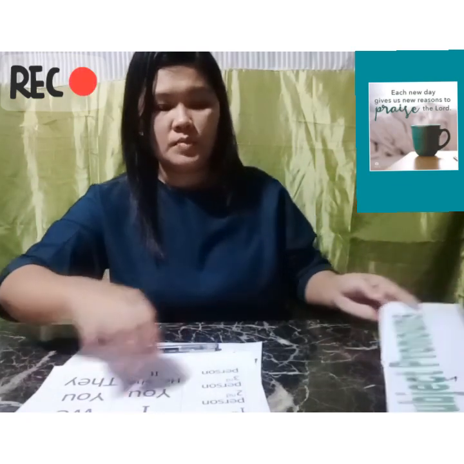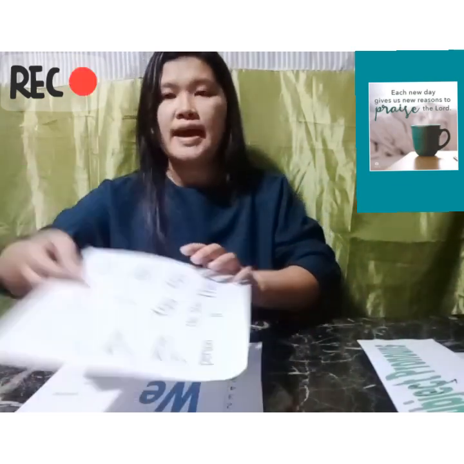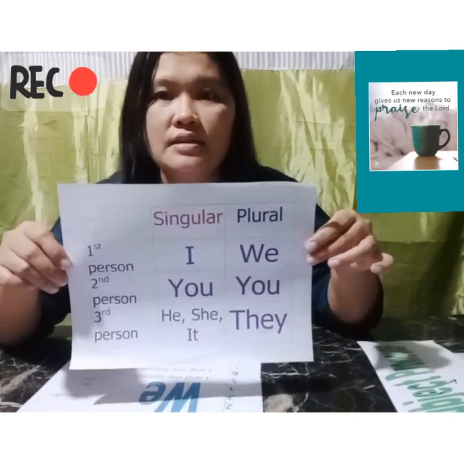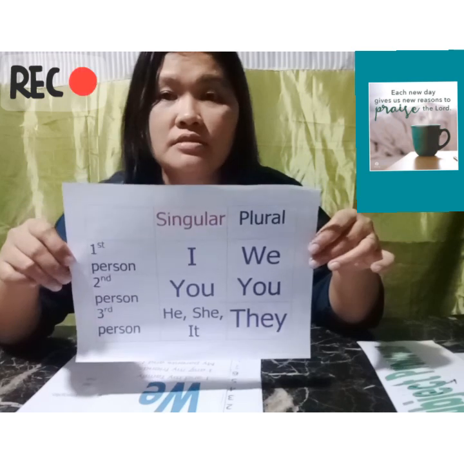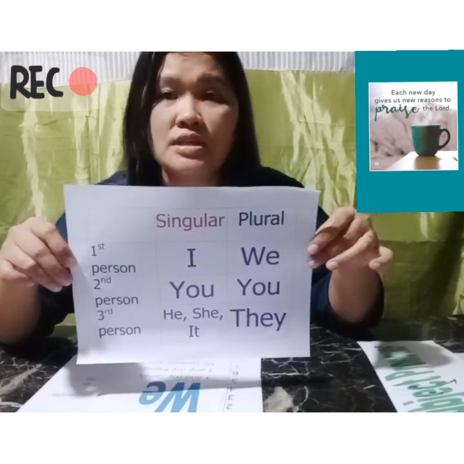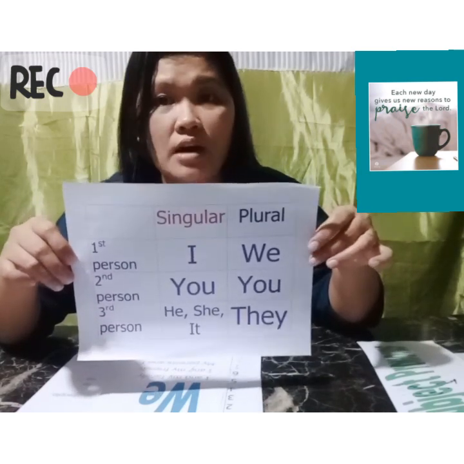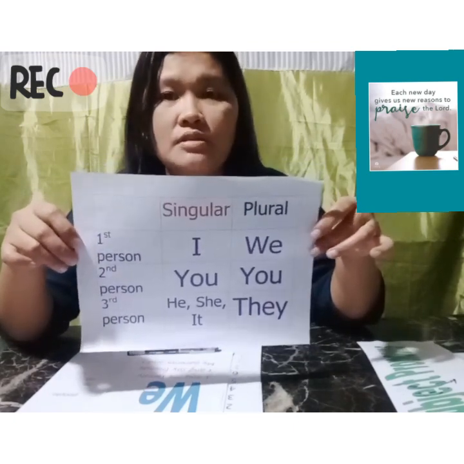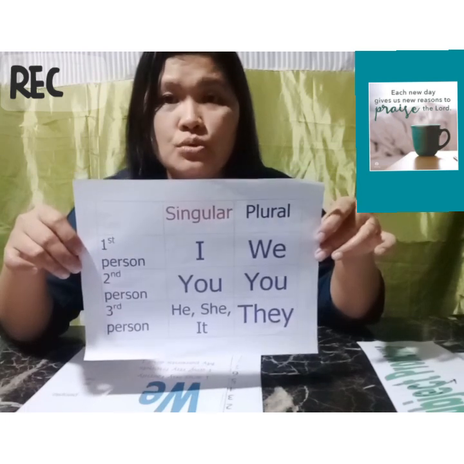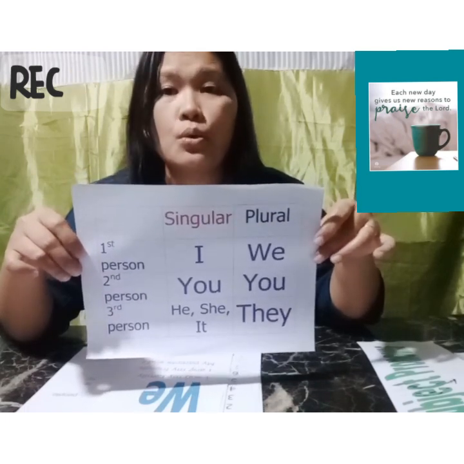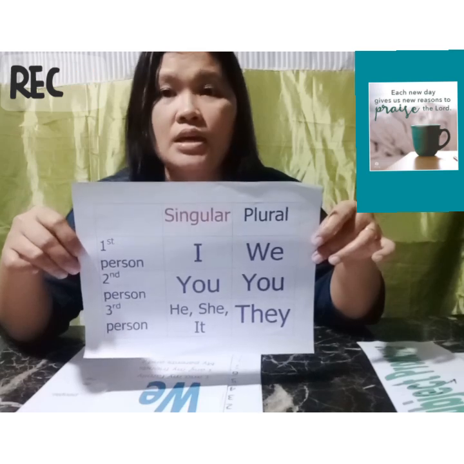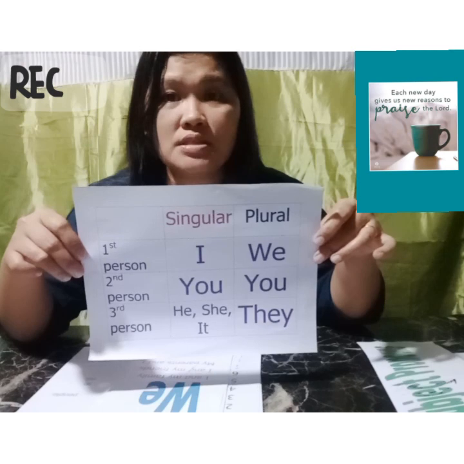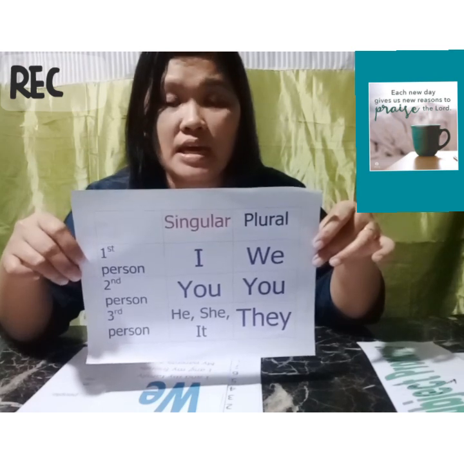In subject pronouns, we have to consider 3 persons. We have the first person, and just like nouns, pronouns have also singular and plural. So for the first person, which refers to the speaker or the person speaking, we have I for the singular, which means there is only one person speaking.